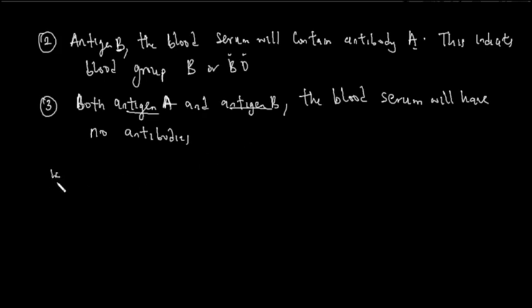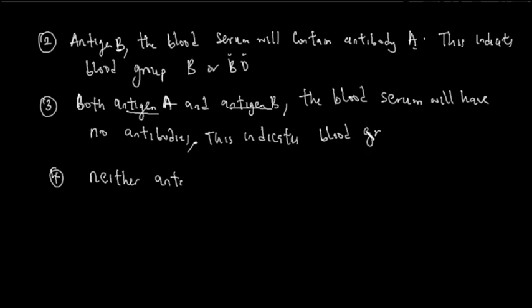Now the fourth scenario is if the blood cell has neither antigen. What blood group is this? Blood group O, good. Meaning nothing. O or OO.